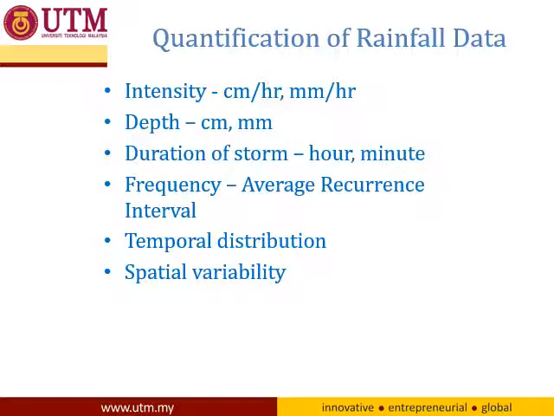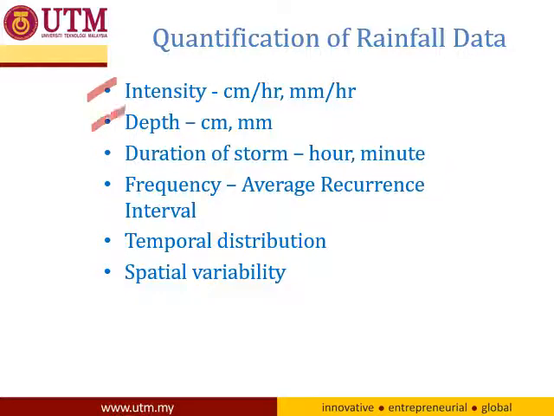Okay, so next, how do we quantify our rainfall data? We want to measure our rainfall data. We usually measure it in terms of intensity. It may be centimeter per hour, millimeter per hour, and it also may be centimeter per day or millimeter per day. So it depends on our purpose.